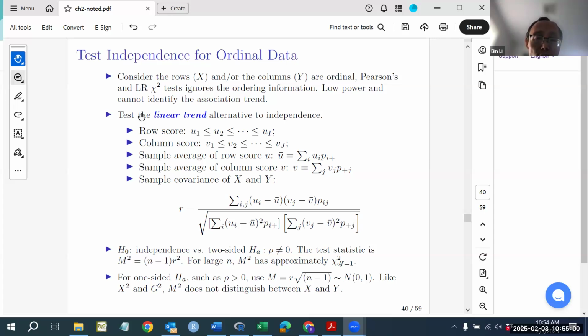Okay, so suppose now we have the row scores, U1 through UI. For the columns, we also need to assign the scores if it has more than 2 groups. But here it doesn't matter because the response is binary.